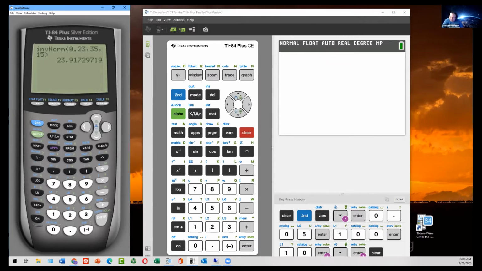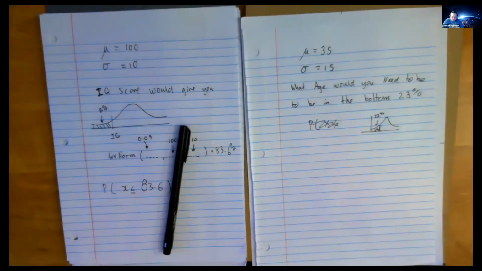Right, now, let's turn this question on its head a little bit. There are some questions out there that look kind of different, and we have to figure out how we're going to solve them.